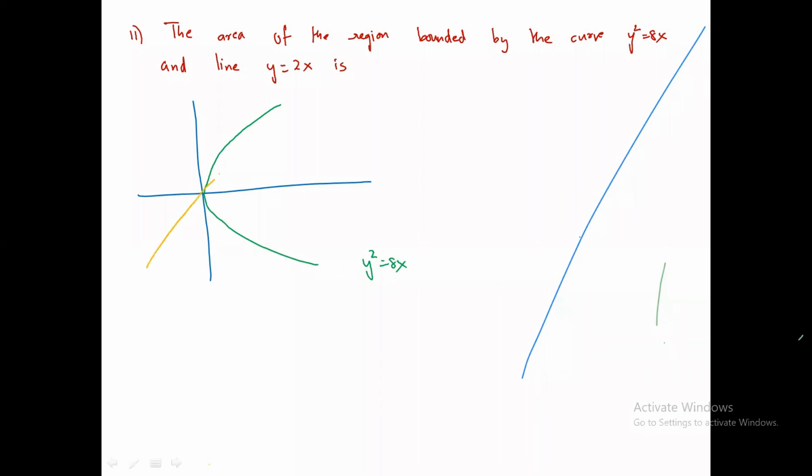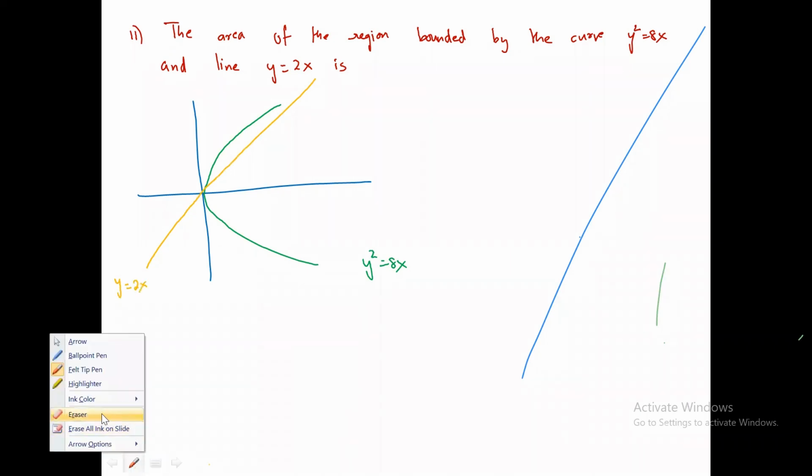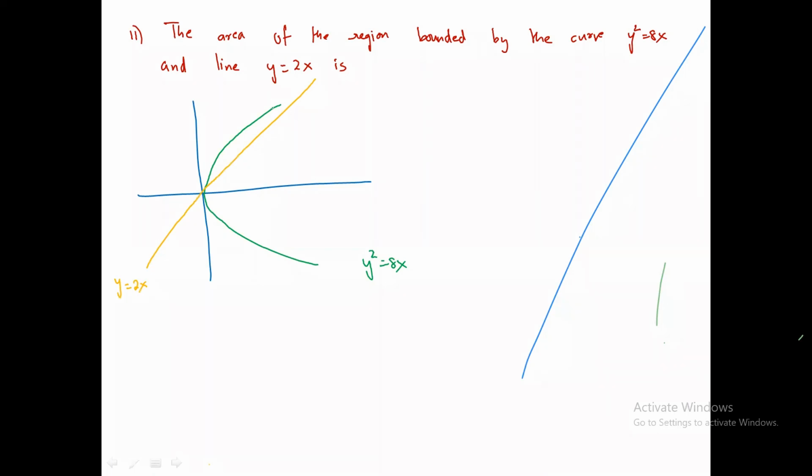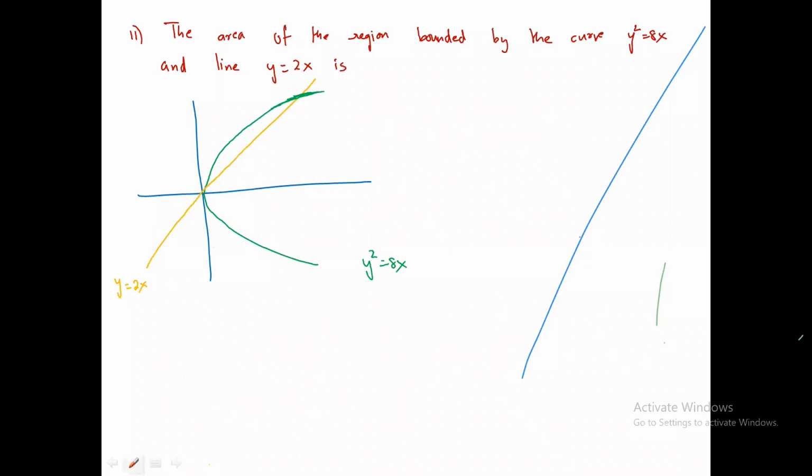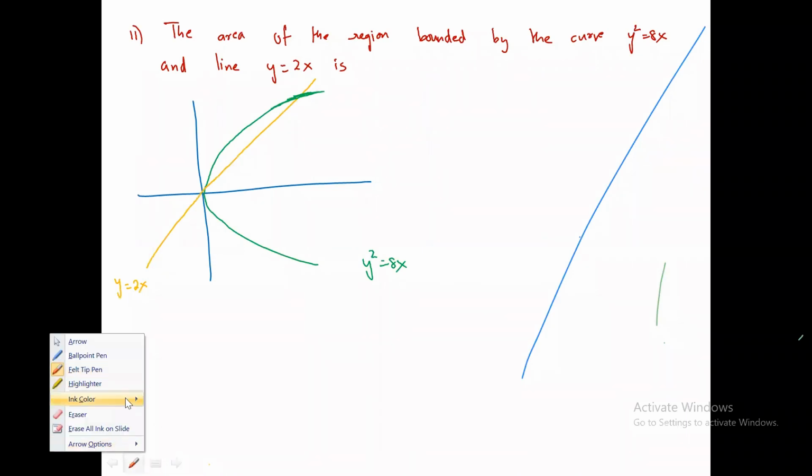So y equal to 2x will be a straight line like this passing through origin. That also you are very much aware of. So I'm extending the parabola. So what you can see here, the line and the parabola are meeting.